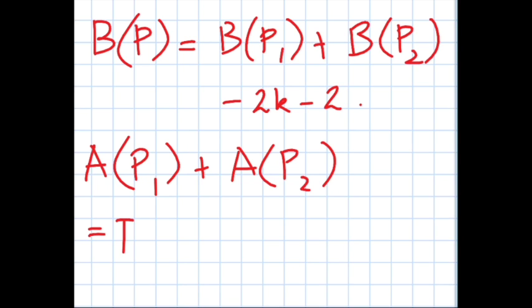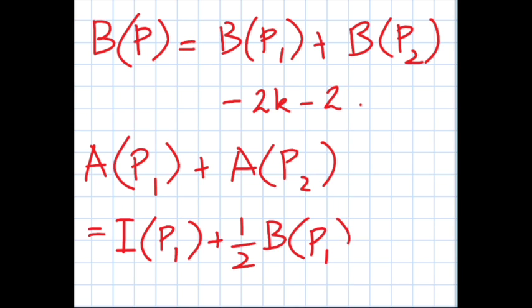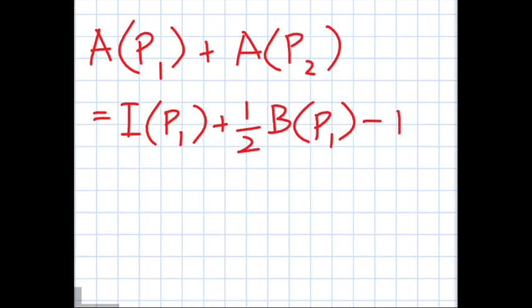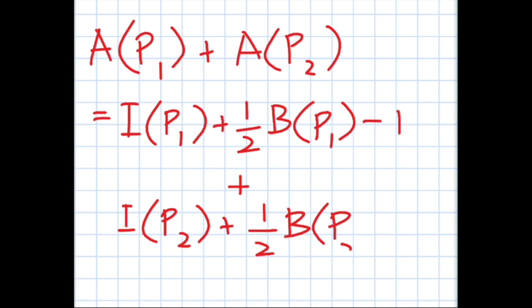This is equal to I of p1 plus half b of p1 minus 1, plus I of p2 plus half b of p2 minus 1.